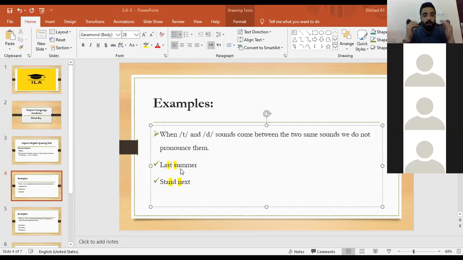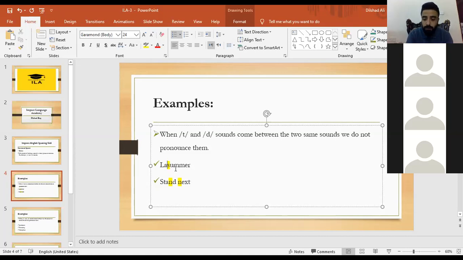Last week we said that when a word ends with a sound and the next word starts with the same sound, we pronounce the two sounds as one single sound. Last summer, but you have to stress the S.